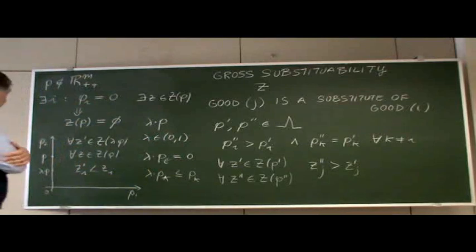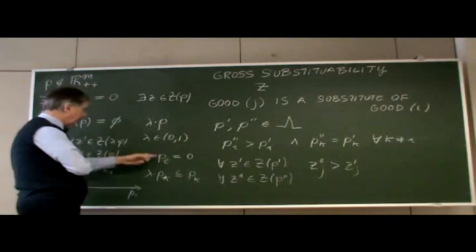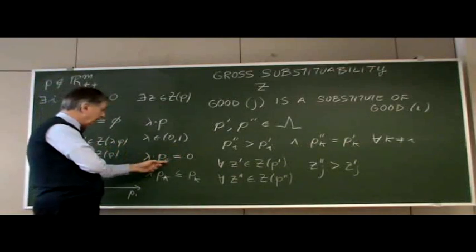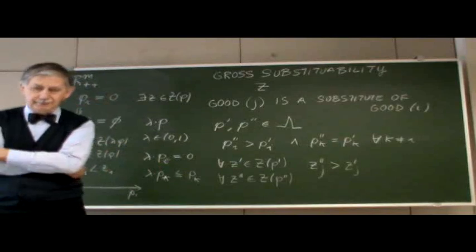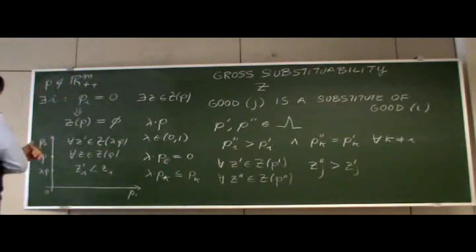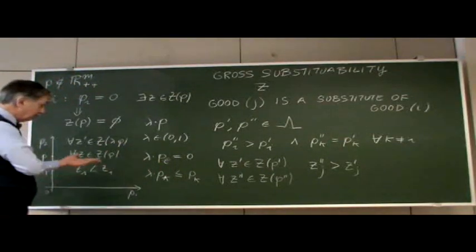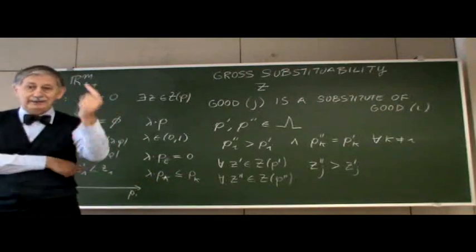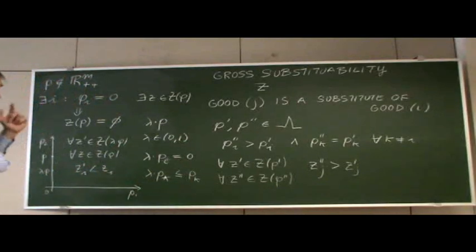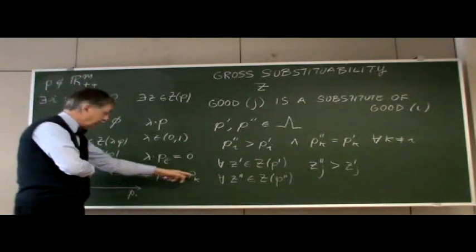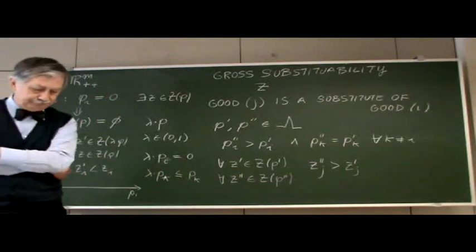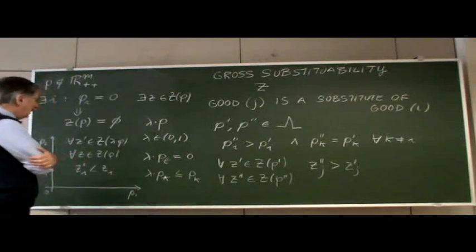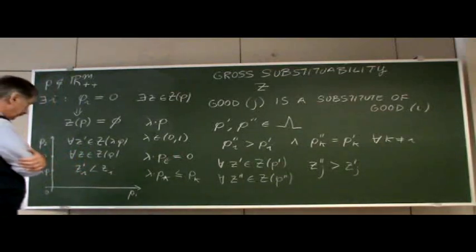Note that since the original Ith component of P is null, also lambda times Pi is null. The price of good I does not change. It remains equal to 0. All the others diminish or remain equal. But at least one good has a lesser price than before. Now, we can apply gross substitutability.